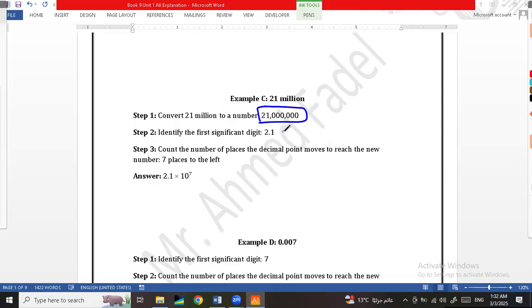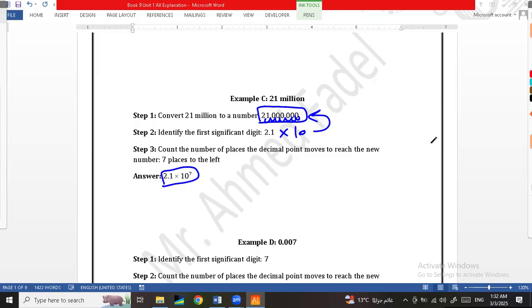Definitely I need to multiply by 10 to the power of a positive number, because I need to make it bigger, equivalent to this. So 2.1: how many times did the decimal point move? 1, 2, 3, 4, 5, 6, 7. So it is going to be 2.1 times 10 to the power of 7.